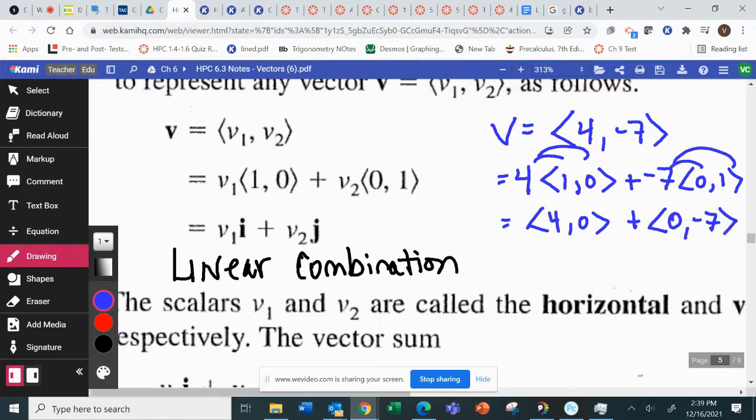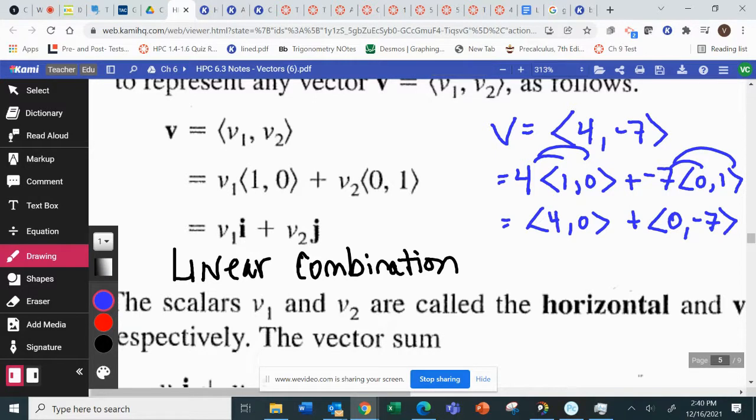Before I go any further, why am I allowed to distribute that? It's not the distributive property. I'm saying distribute, but I'm not really distributing. It looks like I am, but I'm not really using the distributive property. This showed up earlier in our notes. Do we forget?